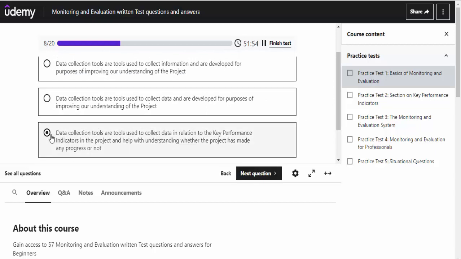And the reason is that one of the things that I always, and I'm sorry, I'm going to talk a bit about this. One of the things I always cry about is, why is it that when we are doing all these M&E activities, we tend to collect data that is not relevant to our projects?